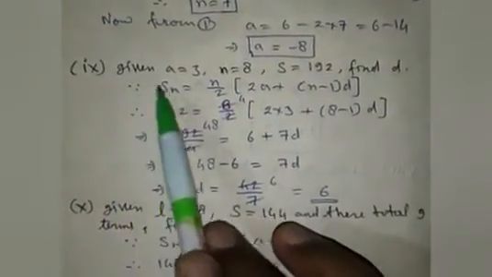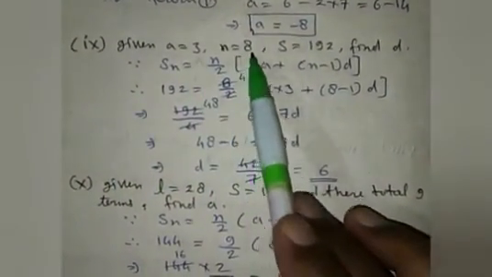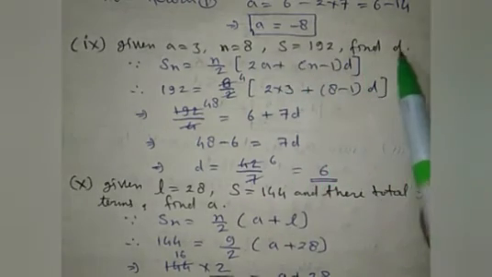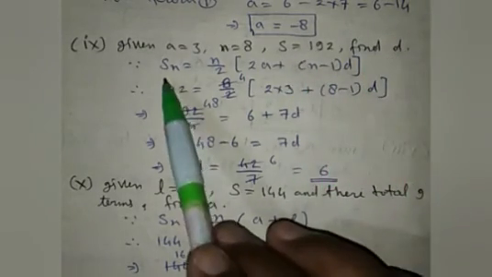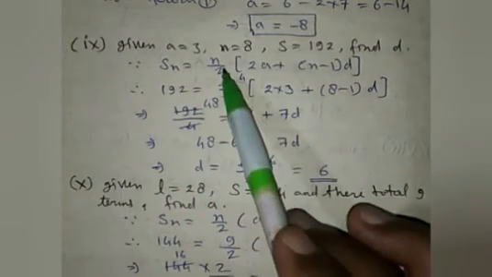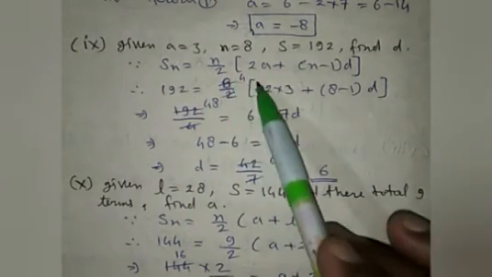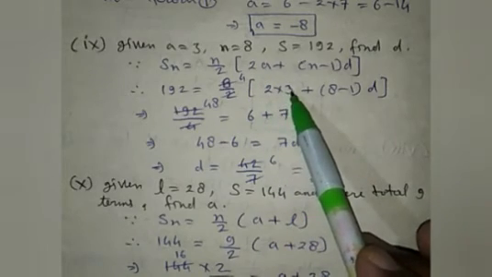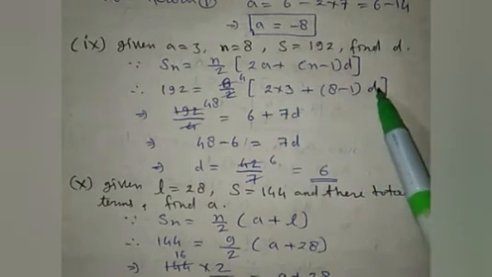Now in the ninth part, given a equal to 3, n equal to 8, Sn equal to 192, find d. Using the formula for Sn, Sn is 192, that is equal to n, which is 8, divided by 2 into bracket (2 into a, which is 3, plus (8 minus 1) into d).